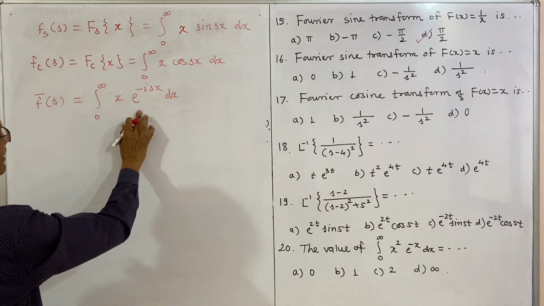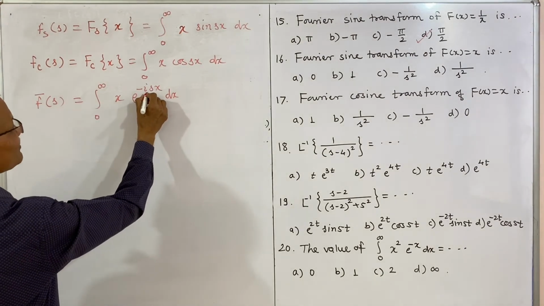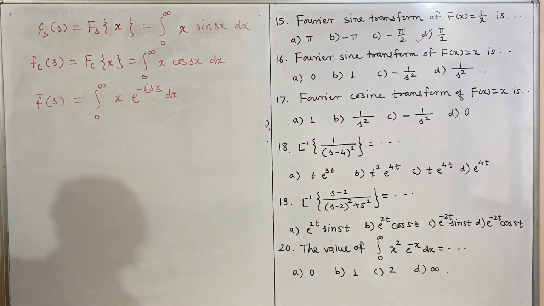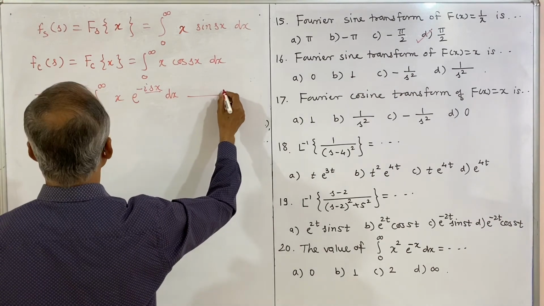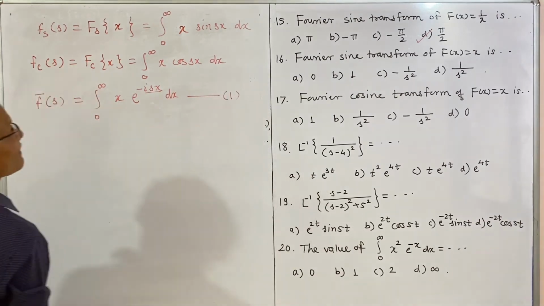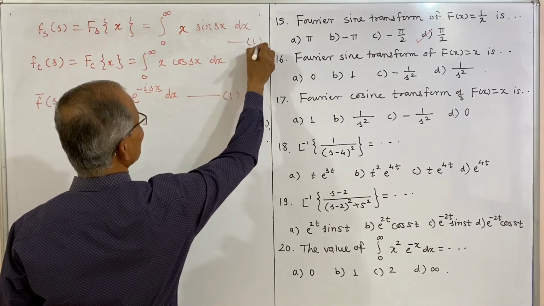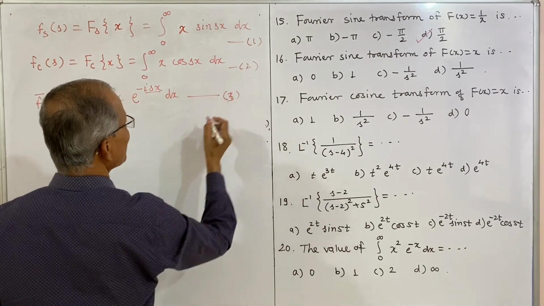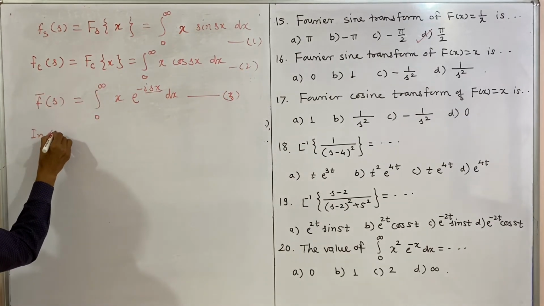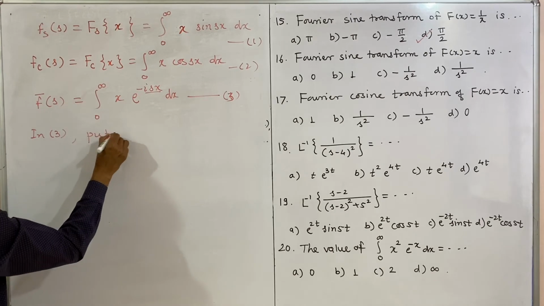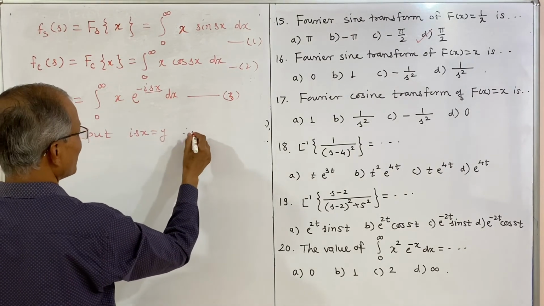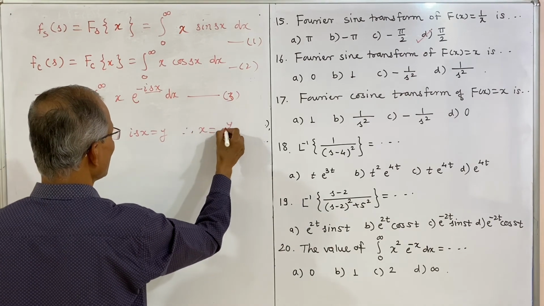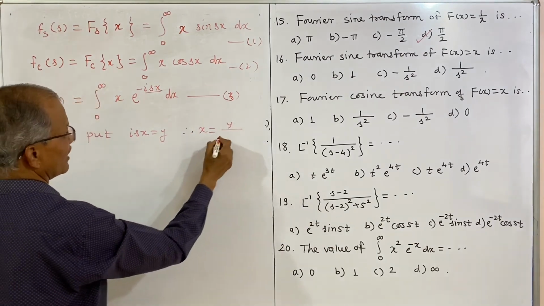For evaluating this integral, we shall put this expression as a single variable. Say we may consider this as 1, 2 and this as 3. In 3, put isx is equal to y, and therefore, what will be x? x will be y upon is.